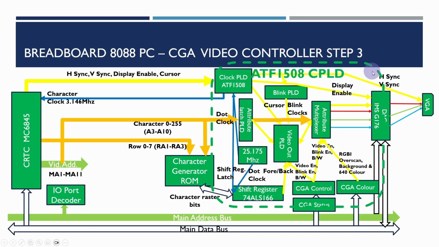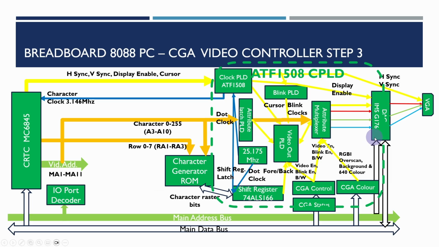And this has all been put together in one ATF1508 complex PLD, which has up to 128 macrocells. So what we're going to be doing during this video is testing the CGA control mode port, status port, and we're also going to be checking to see that when we feed different attribute and character values in, we're actually getting the expected output.